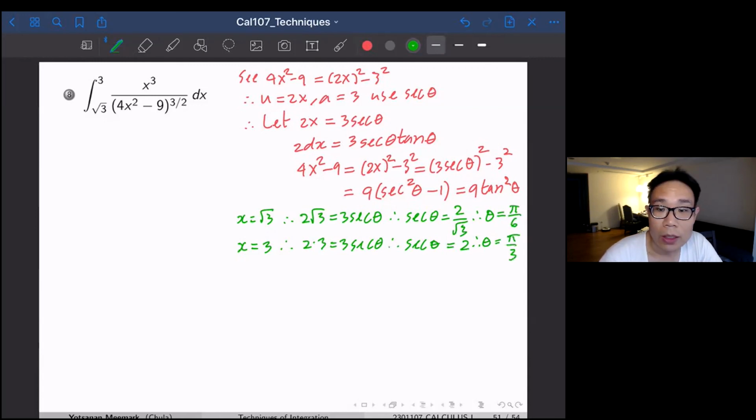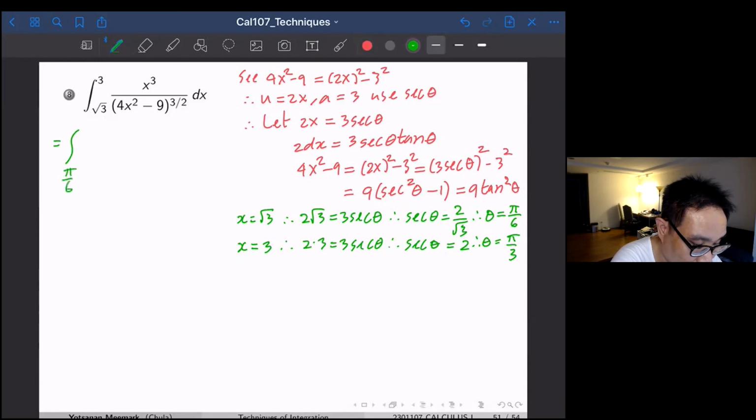So for this one you have pi over 6 to pi over 3. And you have x cubed, so what is x? Let me solve for x for you a little bit.